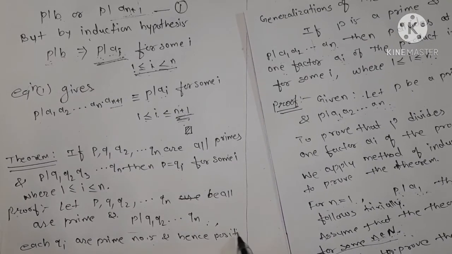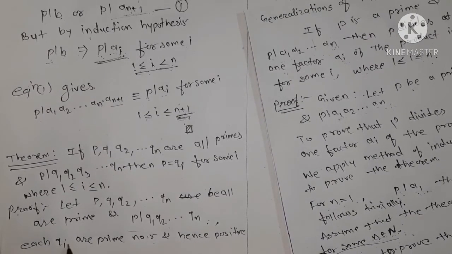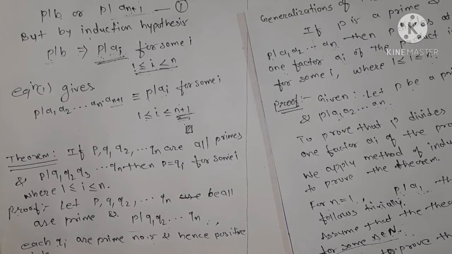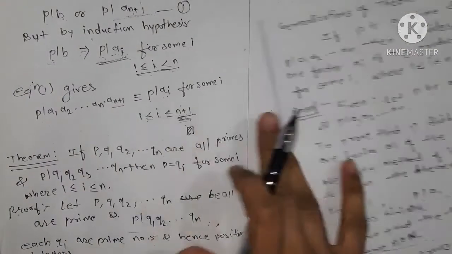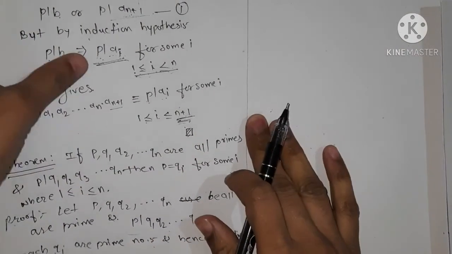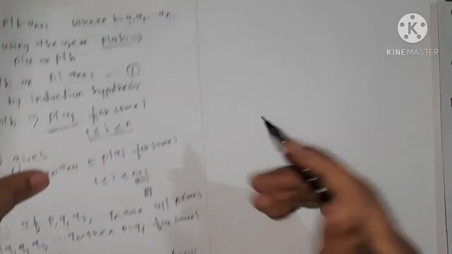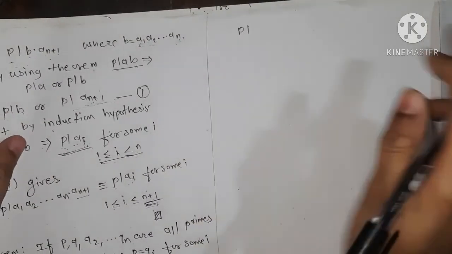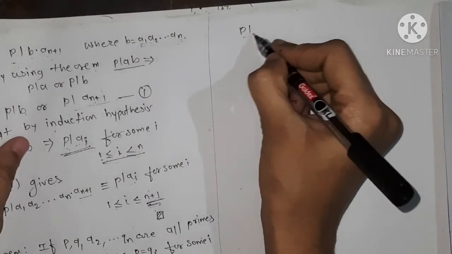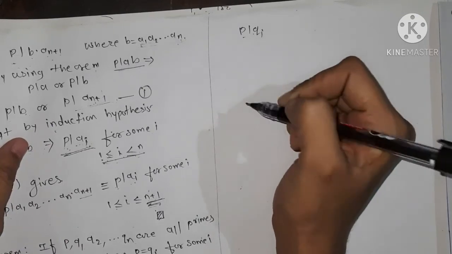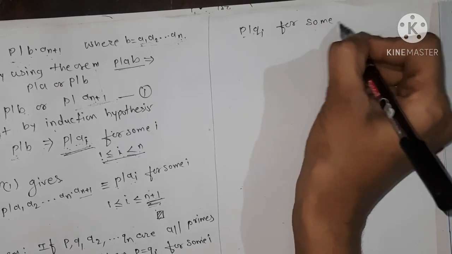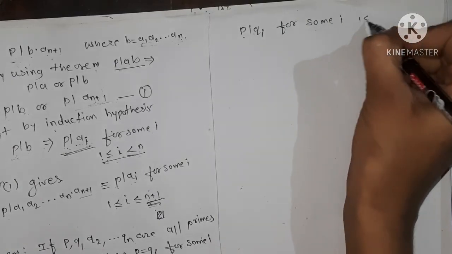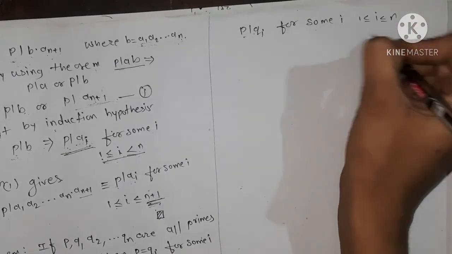Because primes are positive, therefore the qi are all positive integers. So by applying the theorem, we get that p divides at least one of the qi. That is, p divides qi for some i, where 1 is less than or equal to i, which is less than or equal to n.